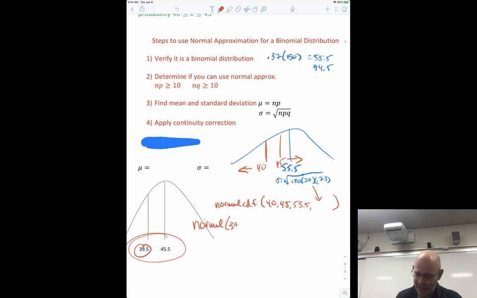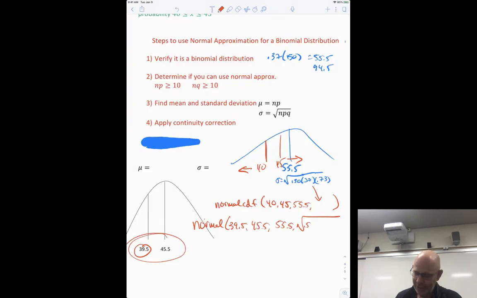So we're going to go 39.5 to 45.5 with a mean of 55.5 and a standard deviation of the square root of 150 times 0.37 times 0.73. Almost done.